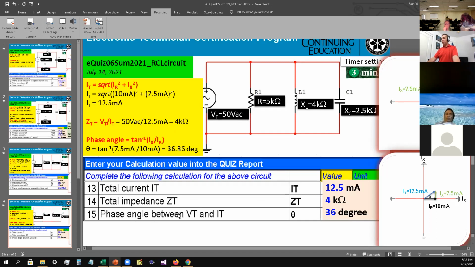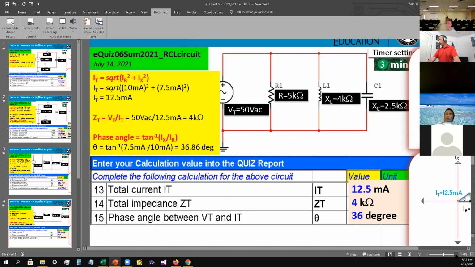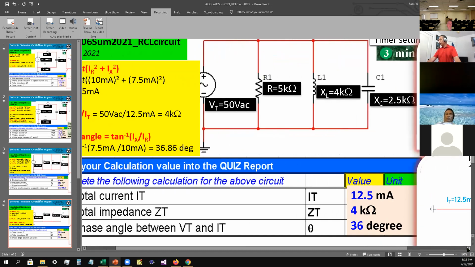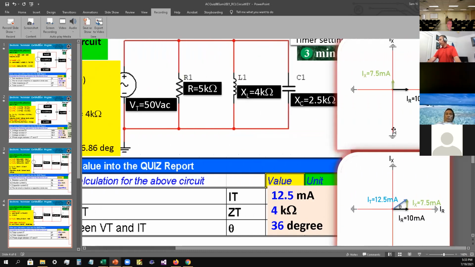Number 15, the phase angle between VT and IT. The phase angle is the same thing: we look at arctangent of the quantity IX over IR. So theta equals arctangent of 7.5 milliamps divided by 10 milliamps, and the calculation comes to 36.86 degrees. Where do we get that? Directly from here, like we just talked about.